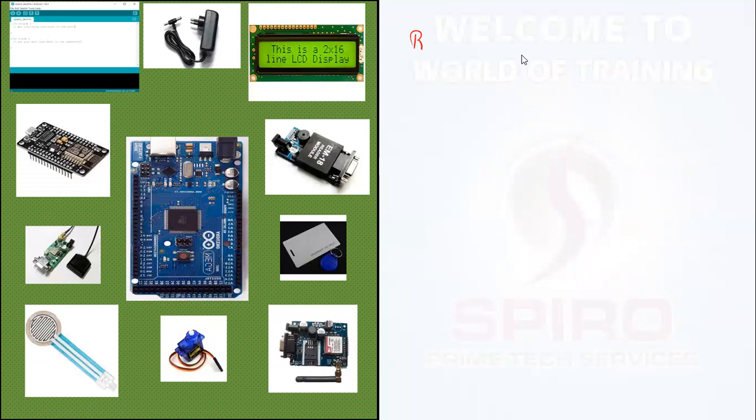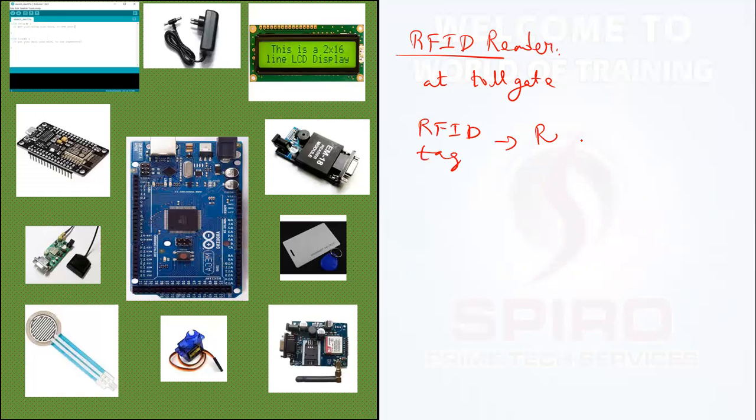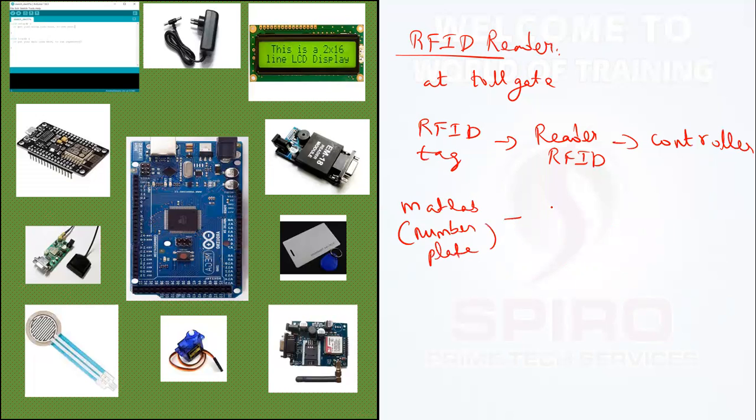RFID reader. The RFID reader will be placed at the toll gate, and the RFID tag will be in the vehicle. Whenever the vehicle reaches the toll gate, the RFID tag is read using the RFID reader and sent to the controller, and MATLAB recognizes the number plate and sends it to the controller.